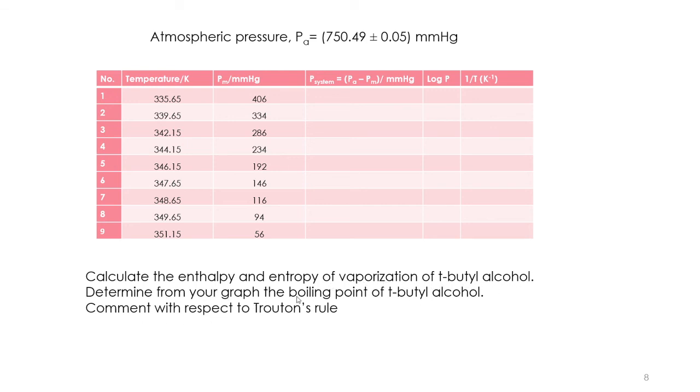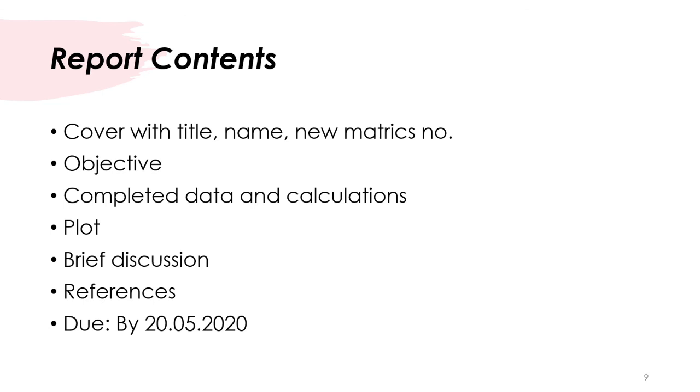Determine from your graph the boiling point of tertiary butyl alcohol, and via calculation, and comment with respect to Trouton's rule. Okay, so the contents of your report are: a cover with title, name, matric number, objective, completed data and calculations, then your plot, a brief discussion, and references.